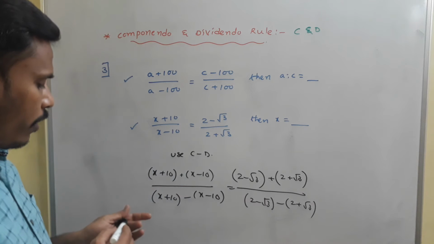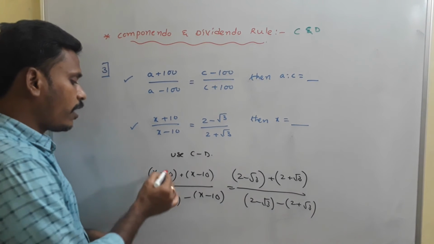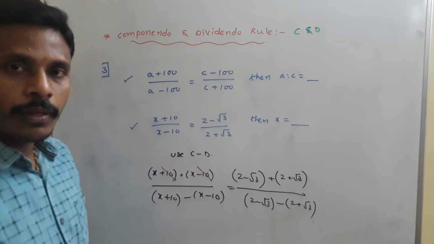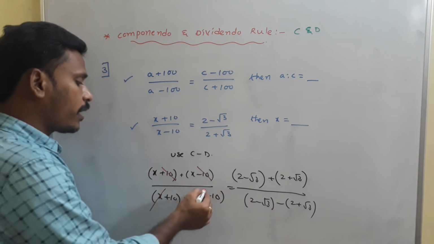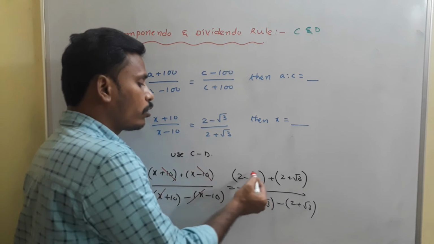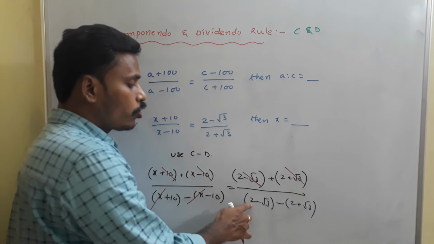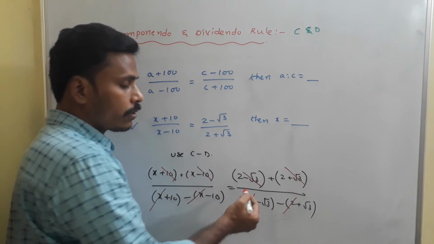You just think about the way of cancellation and simplification. Here plus 10 and minus 10 get cancelled, and in the denominator x and minus x get cancelled. Whereas on the right side, minus √3 and plus √3 get cancelled, and in the denominator 2 minus 2 gets cancelled.